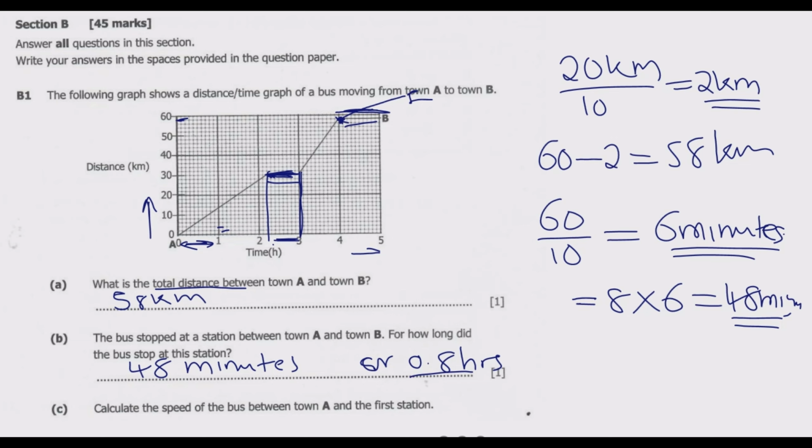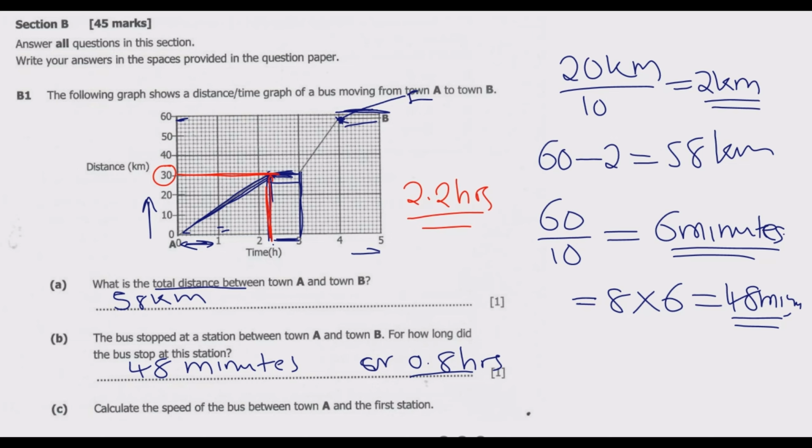C. Calculate the speed of the bus between town A and the first station. So the first station is happening here, so we need to find the speed of this part. This is just the slope, and we know that at this point the distance is 30 kilometers. Then in terms of hours, this is about 2.2 hours exactly.